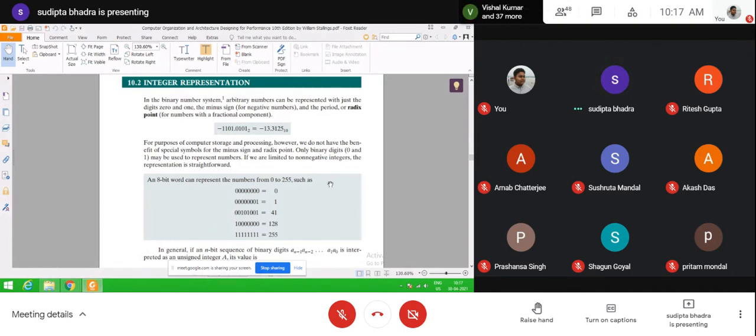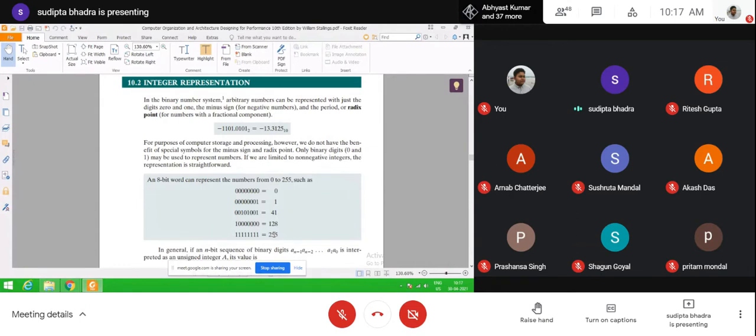is very easy. Here you see that if we use an 8-bit word, it can represent numbers from 0 to 255. That means 8 zeros represent zero, and 8 ones represent 255.